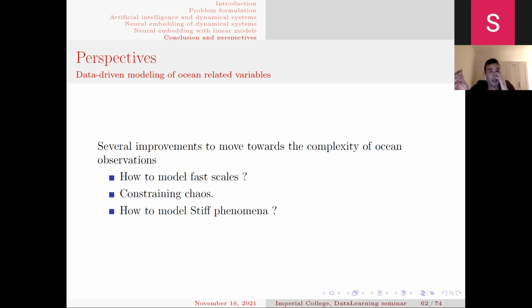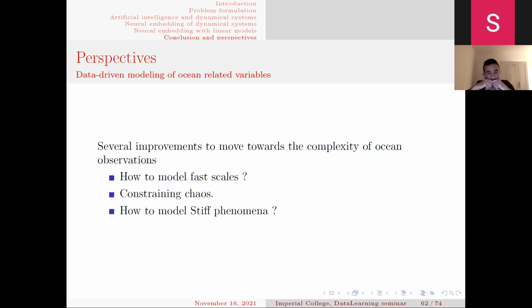Every once in a while, we stop the training and verify that our forecasting cost is good and the solution is chaotic, the spectrums are good, perfect, it's a good model. Making that automatic means that we need to constrain chaos, and this is an extremely hard question to answer, at least from a modeling point of view.